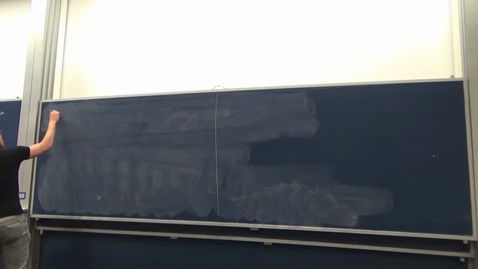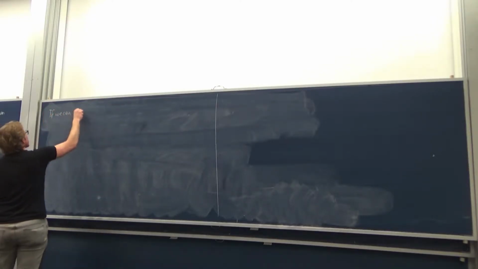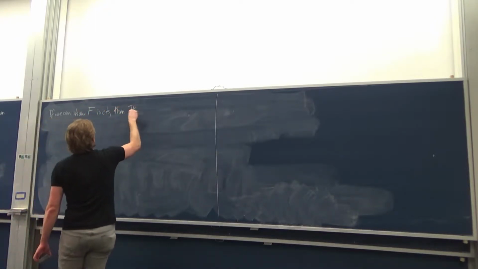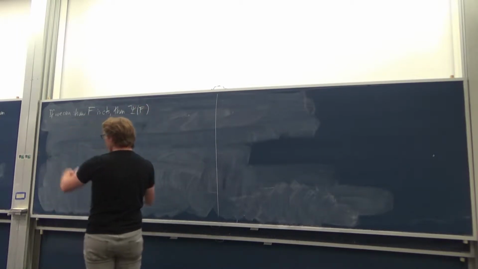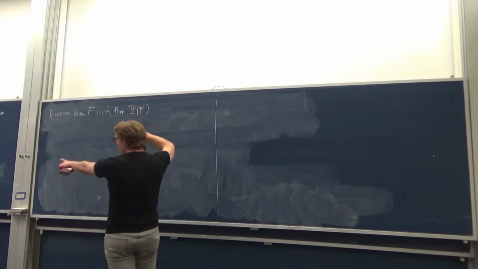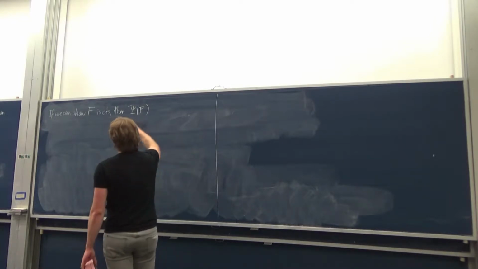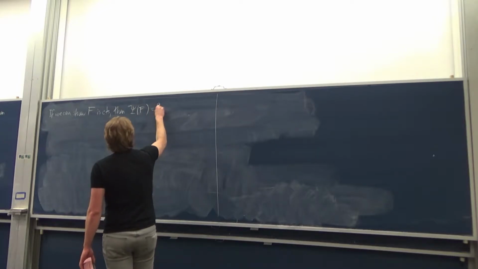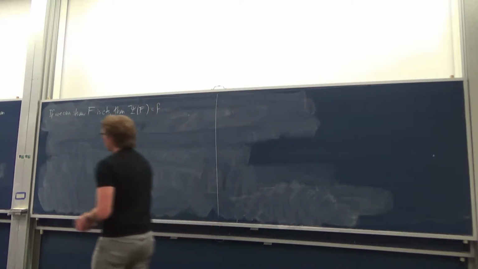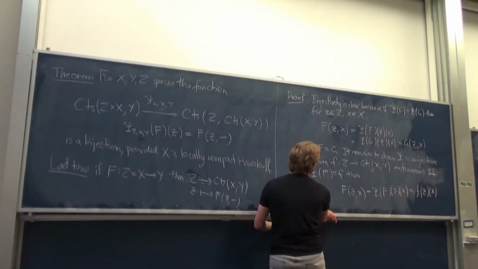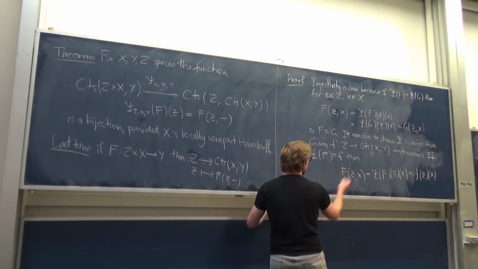Otherwise we can't really write down psi of it, because it doesn't live in the domain. But if capital F, defined by that formula, which is a well-defined function from Z cross X to Y, is continuous, it's in the domain of psi, and I'm allowed to write this down. Maybe I'm saying out loud more than's written on the board. So if psi of capital F is lowercase f, then it must be this.